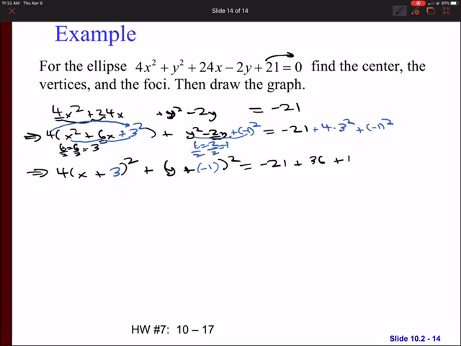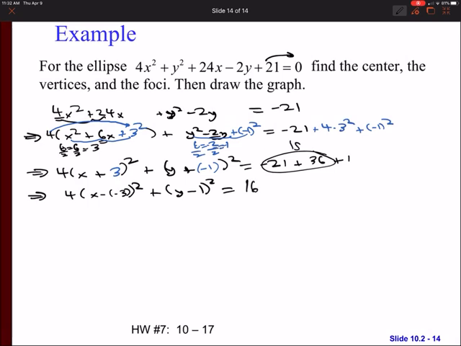So we're getting there. We would go ahead and put in x minus negative 3 squared, plus y minus 1 squared. So we add these up, that's 15. 15 plus 1 is 16.